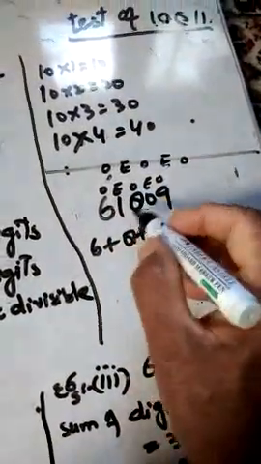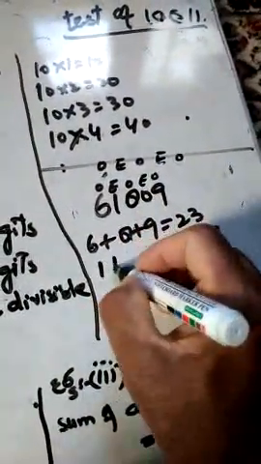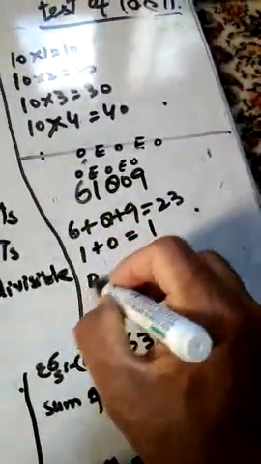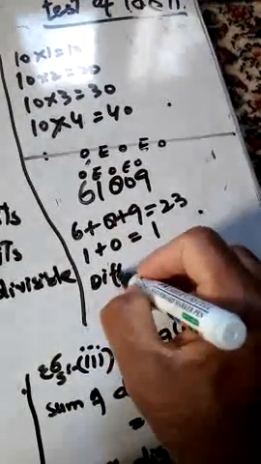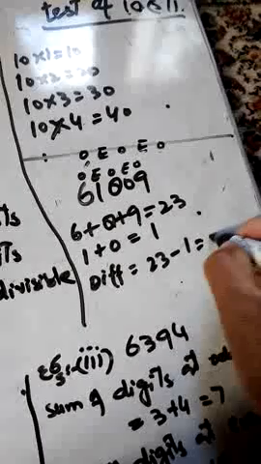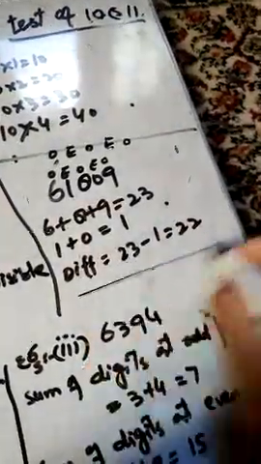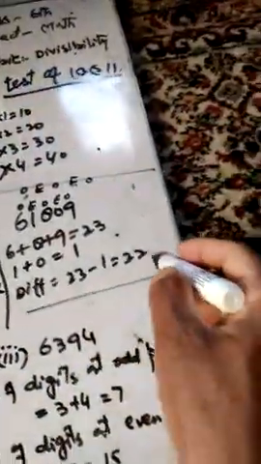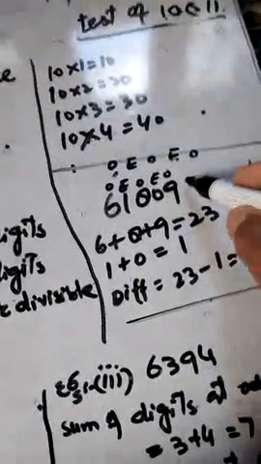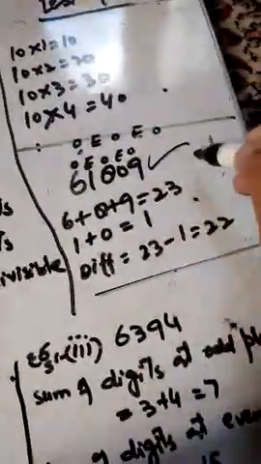The sum of the even-place digits is 1 plus 0, it goes 1. The difference is 23 minus 1, that is 22. We know that 22 is divisible by 11: 11 ones are 11, 11 twos are 22. So we can say this whole number is also divisible by 11.